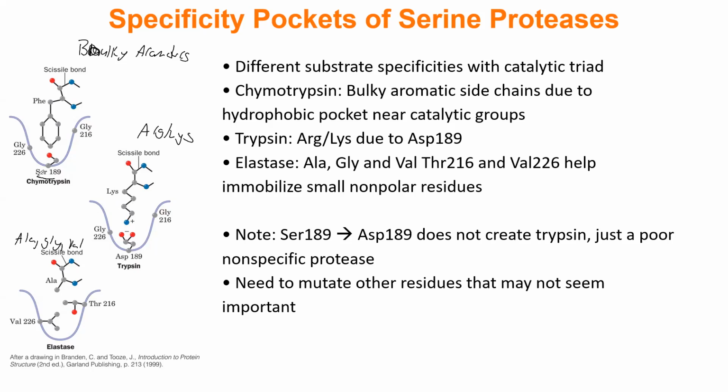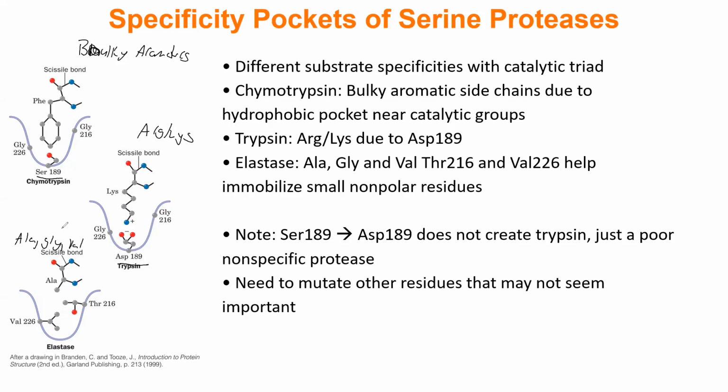And if you notice, the only difference between chymotrypsin and trypsin is amino acid 189, because both have glycines at 226 and 216 in both of these proteins. However, if you take chymotrypsin and you mutate this serine to aspartic acid, it does not become trypsin, right? You cannot cut positive amino acids if you make that change.